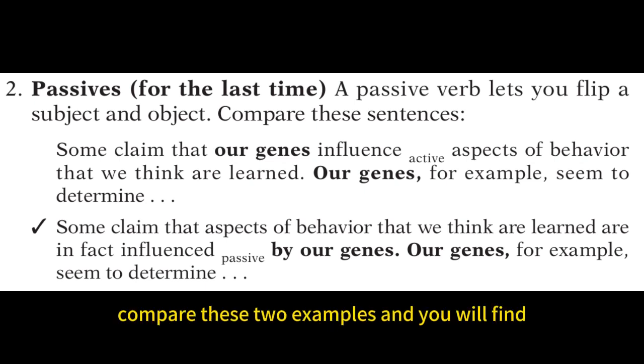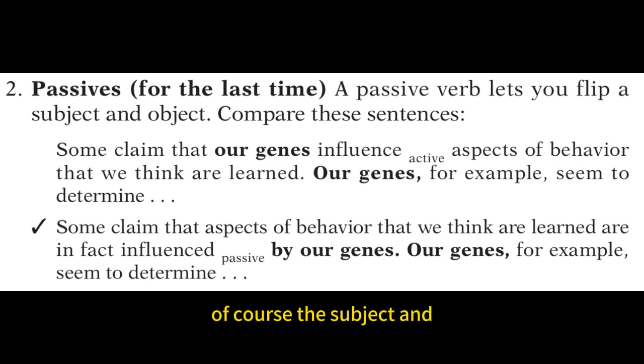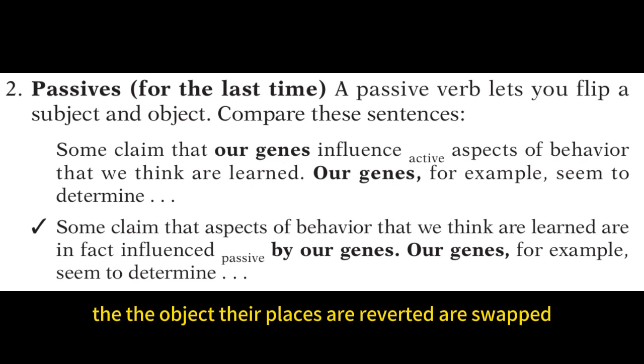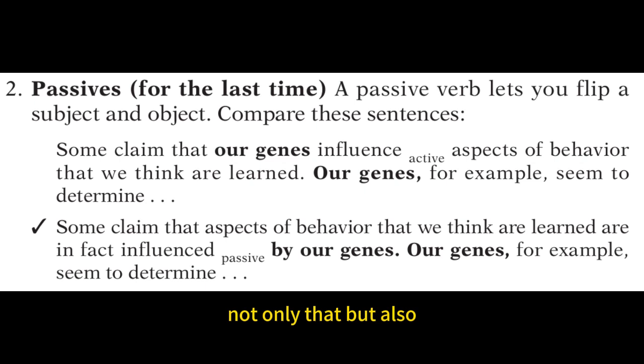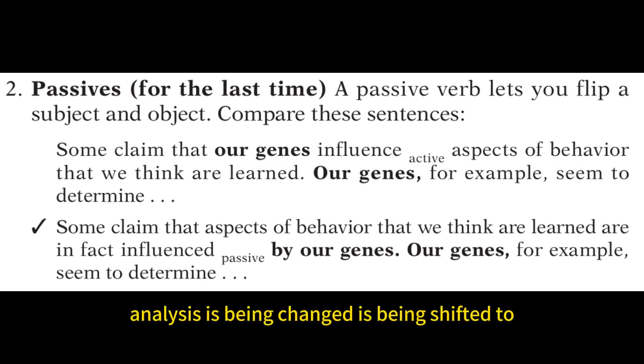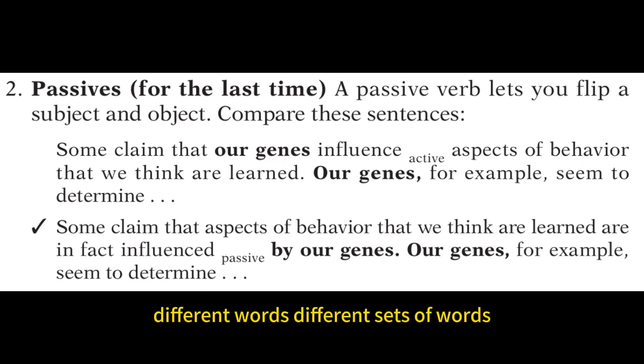Compare these two examples and you will find the subject and the object, their places are swapped. Not only that, but also the emphasis is being shifted to different sets of words.